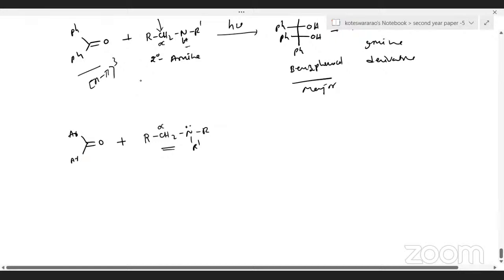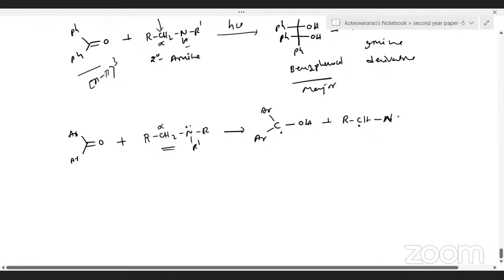Okay, that leads to the formation of product. Now here it leads to the formation of product, that is, first it generates the aryl radical with OH, and at the same time the RCH radical. Here there is no proton on the tertiary nitrogen, there are no hydrogens.